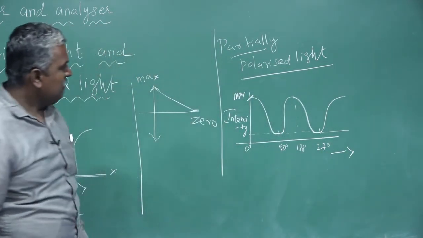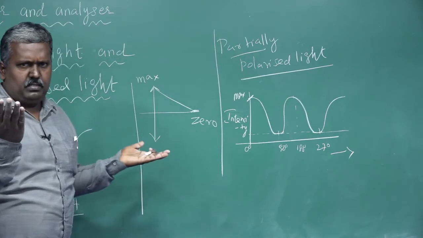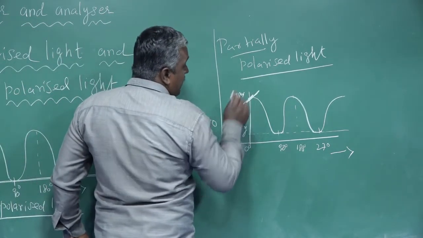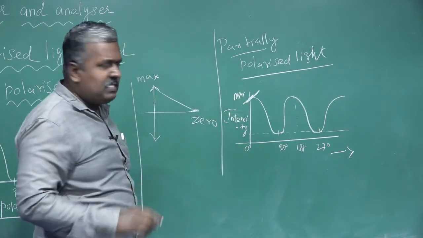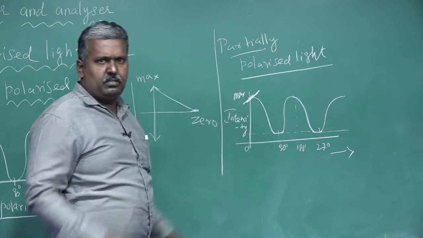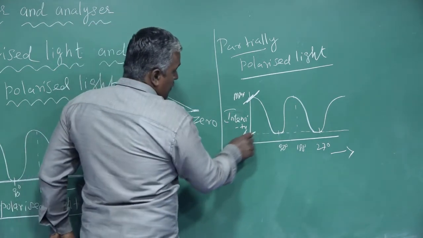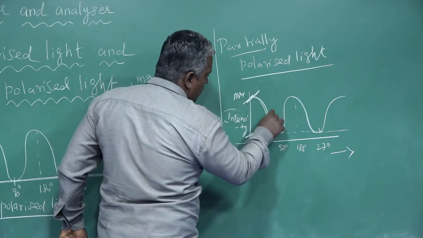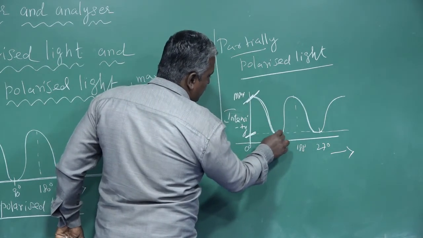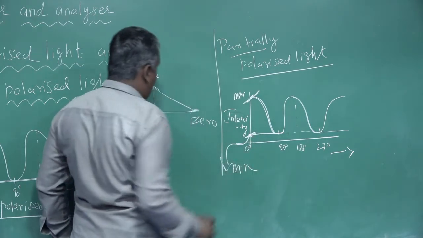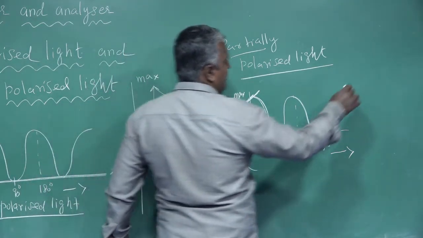Then you can say very simply: if the intensity of the light varies from maximum to not 0 but minimum, this position is called the minimum position. How? Listen, come here.